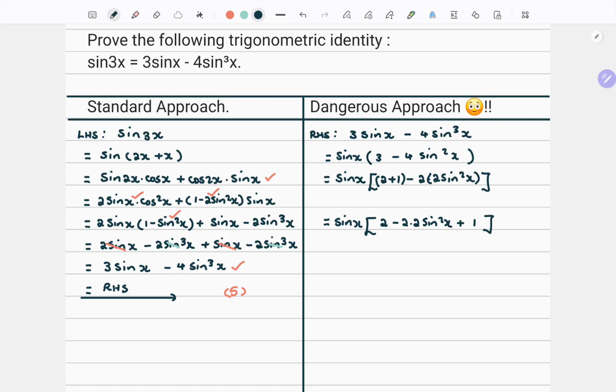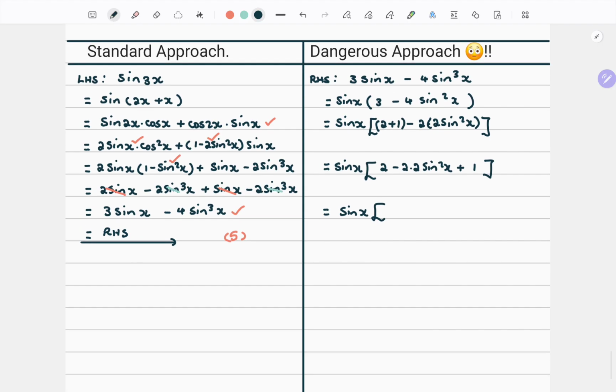Let's just leave this square bracket. We continue sine x into, there's a highest common factor within these two, which is 2. So we take that 2 out, we get 1 minus 2 sine squared x plus 1. Okay, so we're kicking it nicely.